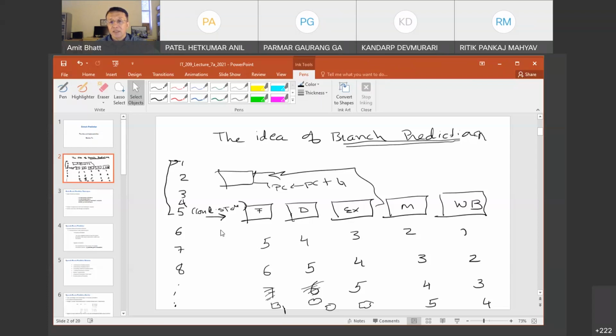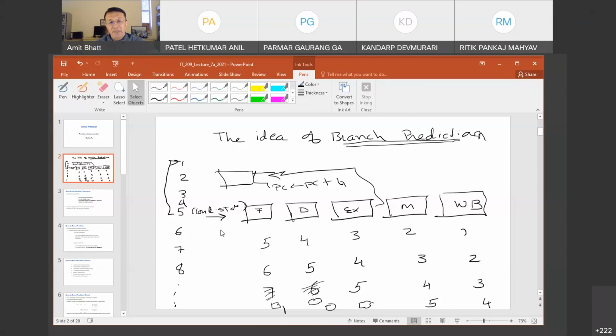Because if the loop runs a large number of times and it always takes the prediction, then there will be 2 times the number of times the loop runs bubbles formed, which will be very time consuming. So for a large number of loops, it is better to predict not taken.